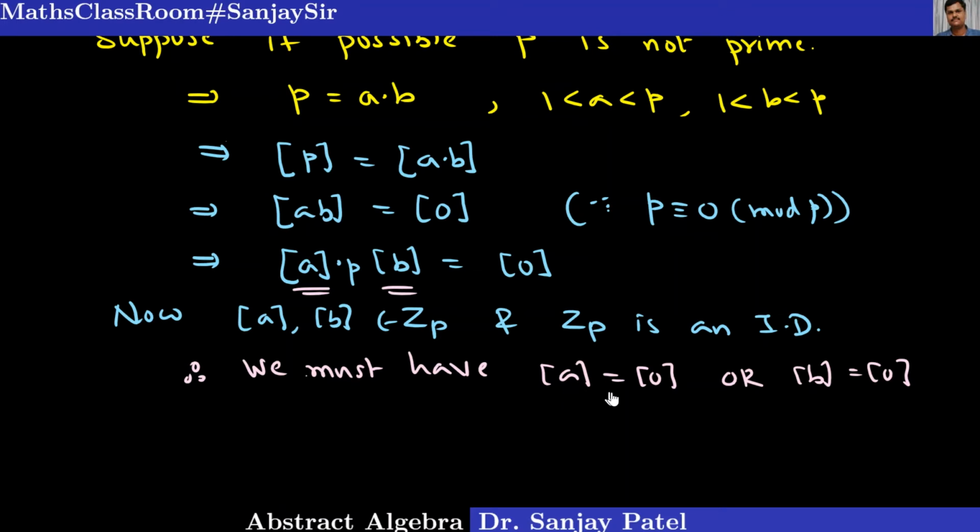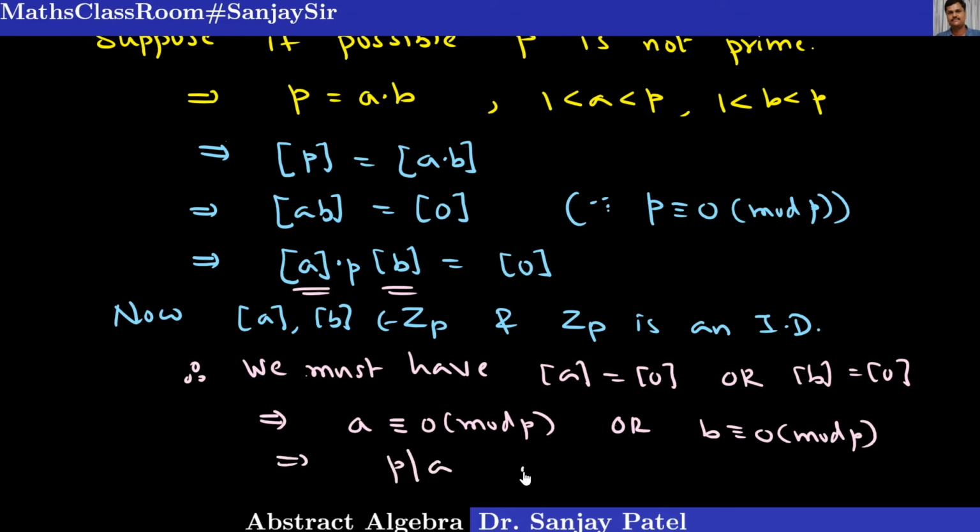And class a equal to 0 means, by definition, a is congruent to 0 mod p, or b is congruent to 0 mod p. And that means either p divides a or p divides b.